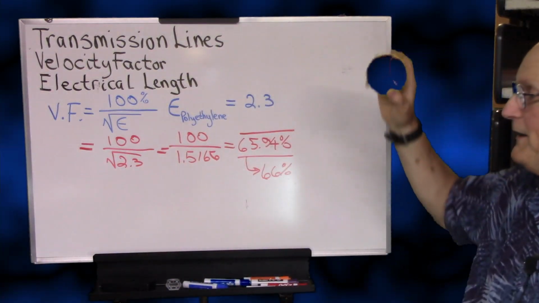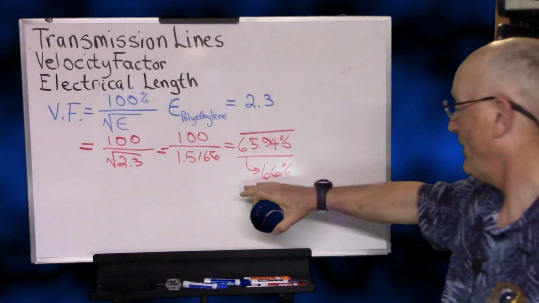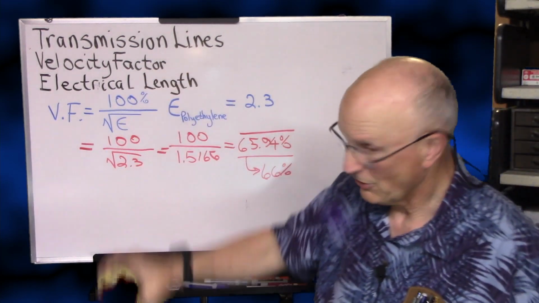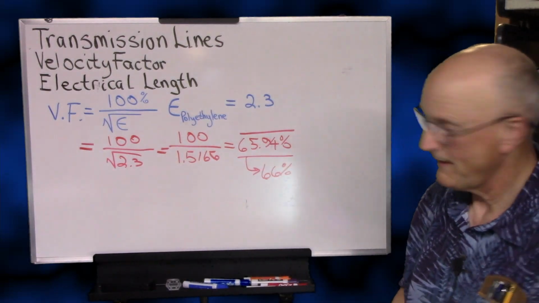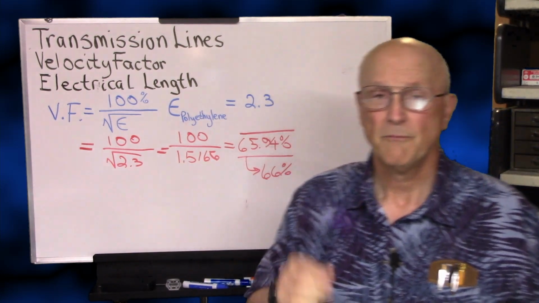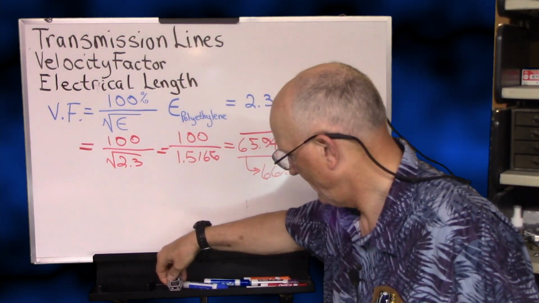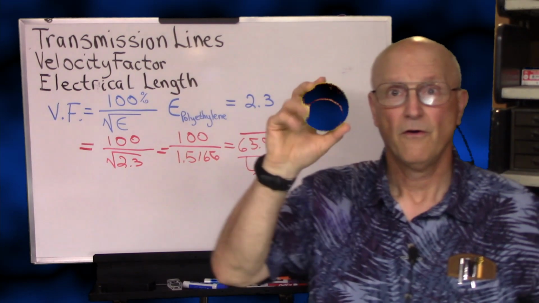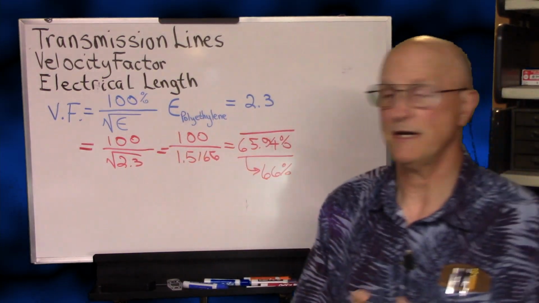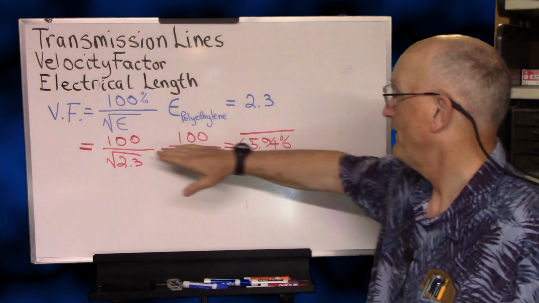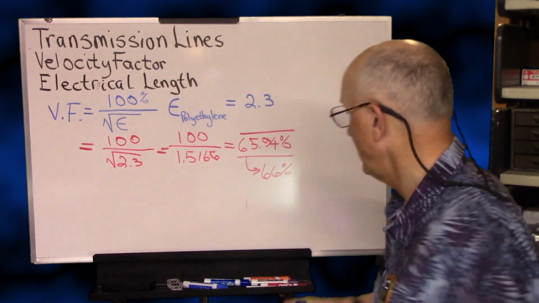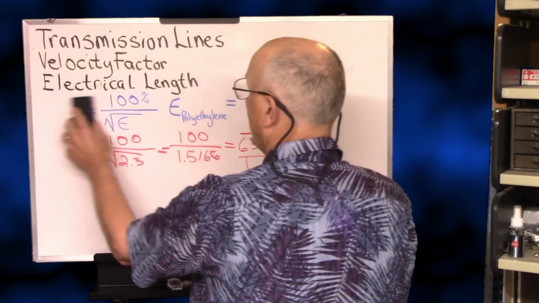On the other hand, if it's traveling more slowly, then they're going to be closer together. The frequency of the oscillation isn't changing, but the velocity of the ball, of the signal down the transmission line is changing as a result of this velocity factor of the transmission line.